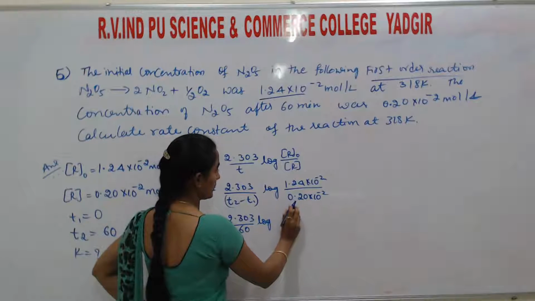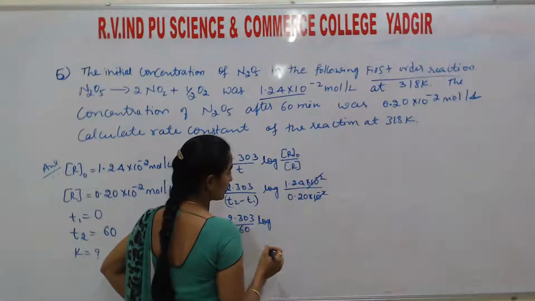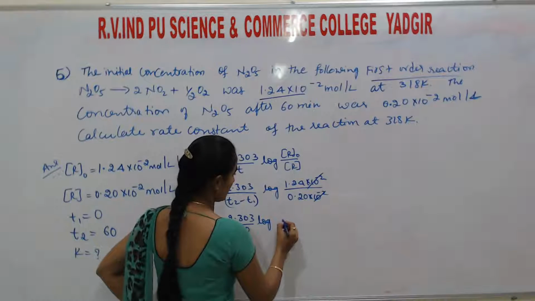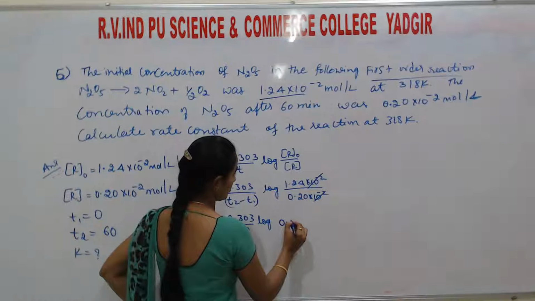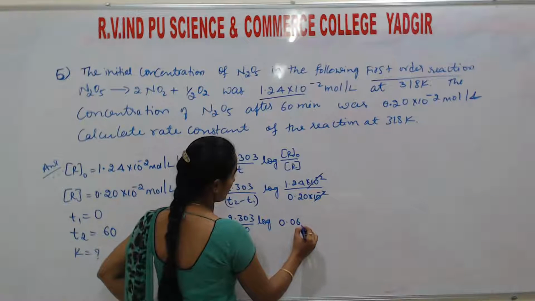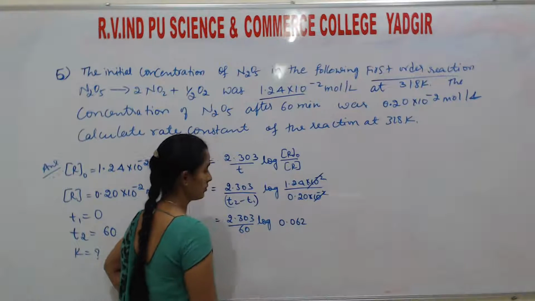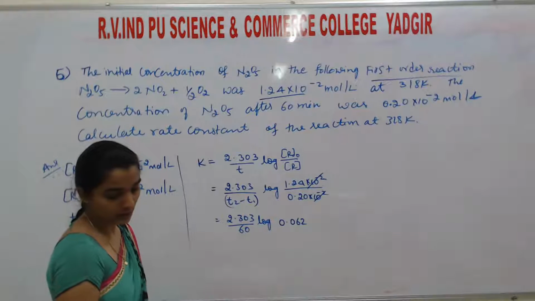So this will get cancelled. This one is 0.062, log of 0.062.